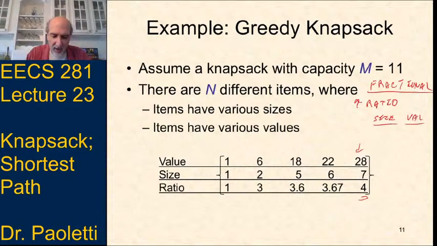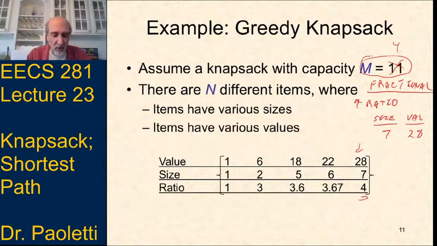Okay, so I take the item of size 7 and I get a value of 28. That tells me if I started out with 11, I'm now down to 4 capacity remaining. That next item, I can't take all of it, but I can take 2/3 of it.